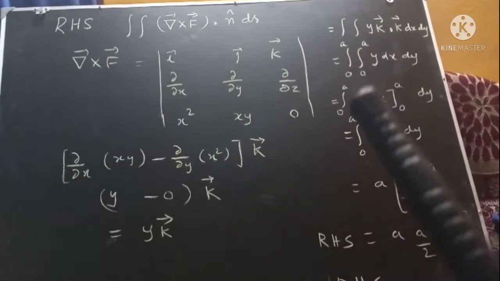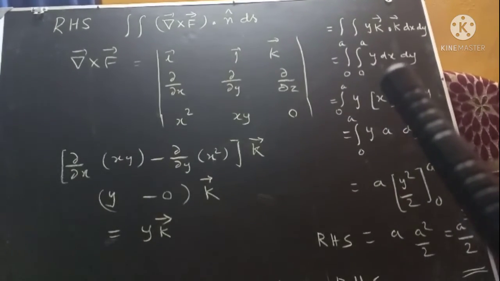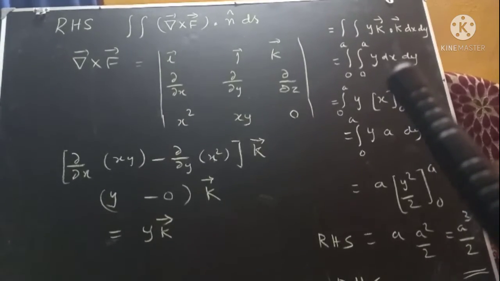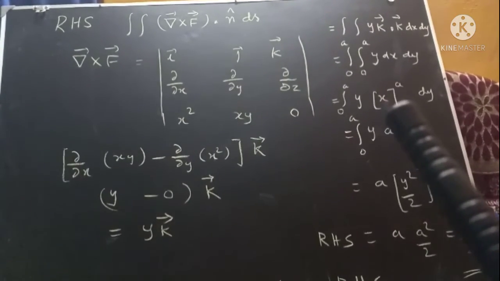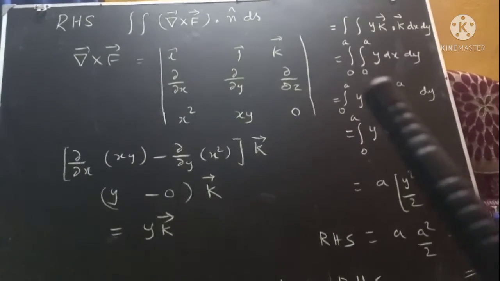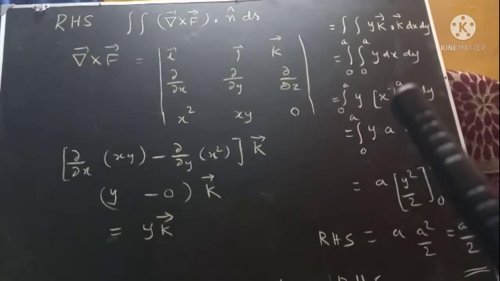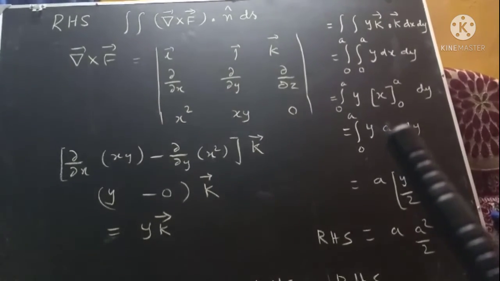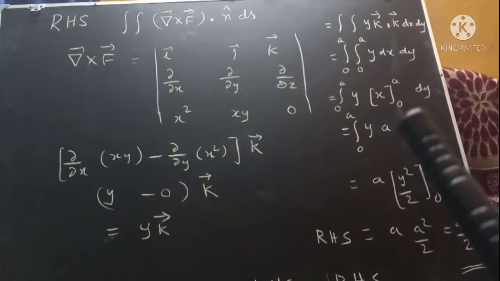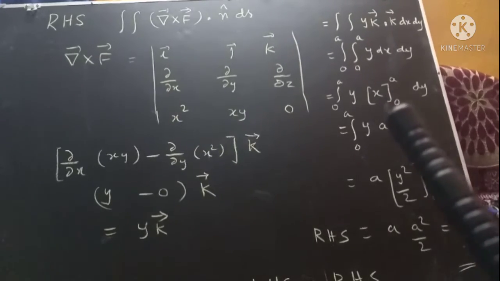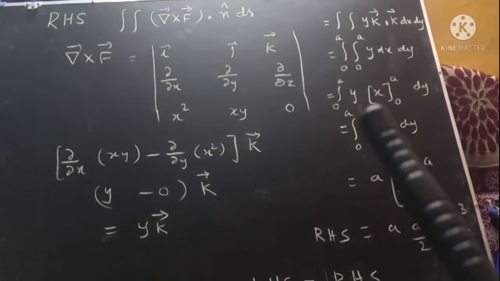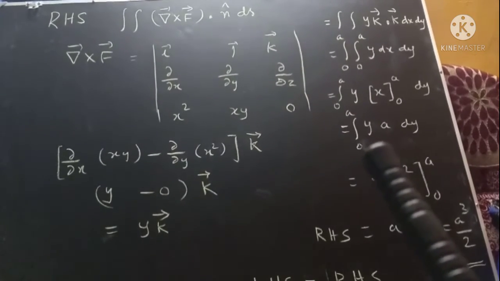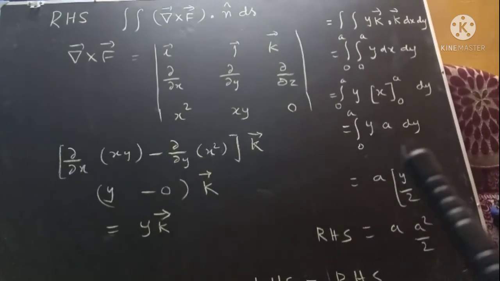Solve the double integral. First we integrate dx: the integration of dx is x, limit 0 to a, upper limit minus lower limit. Put x is equal to a, lower limit 0, the answer is a. Next the remaining integral from 0 to a of a y dy.